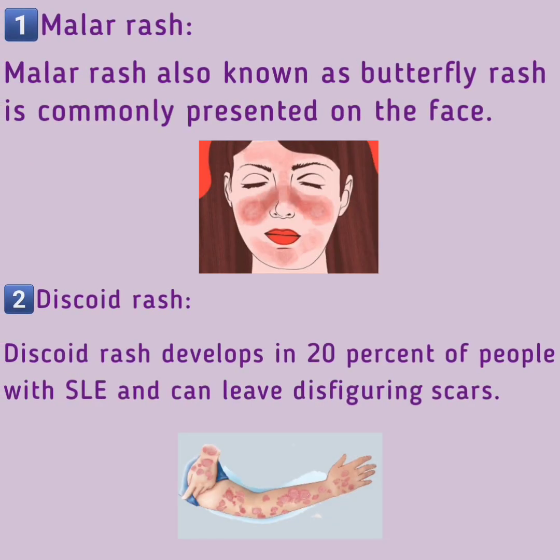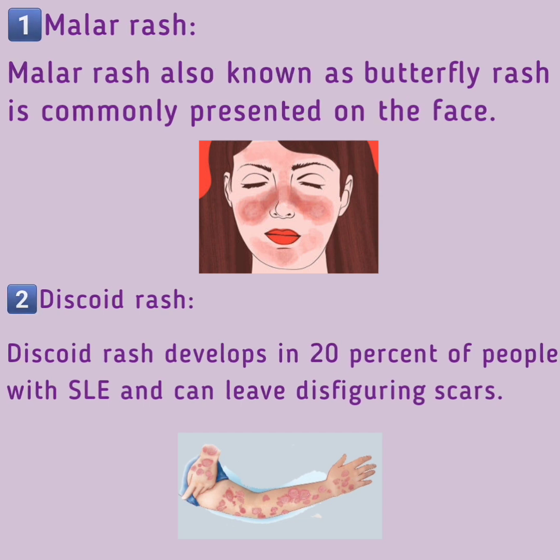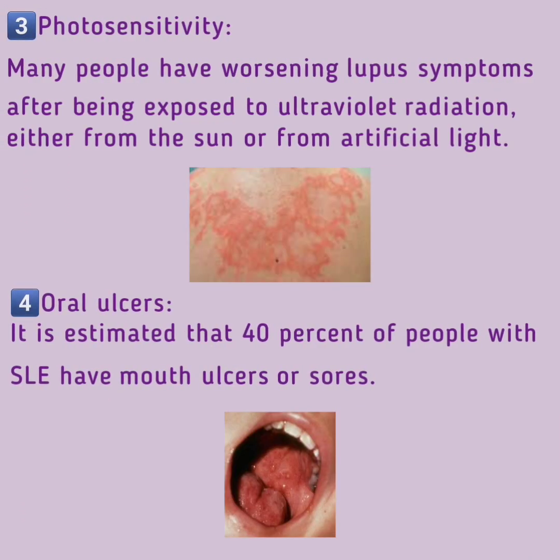Malar rash, also known as a butterfly rash across the face, and then discoid rash, which is the rashes on the skin and can even leave scars. Photosensitivity, that's worsening of your lupus symptoms when you are exposed to ultraviolet light.